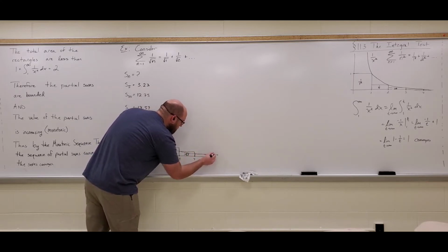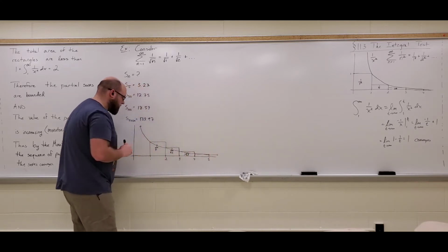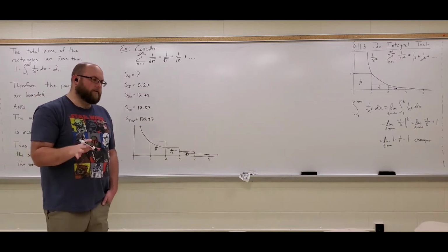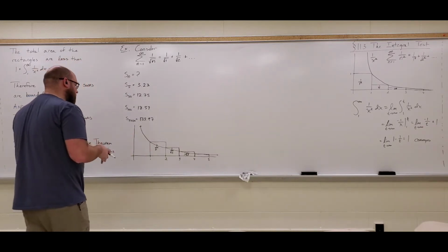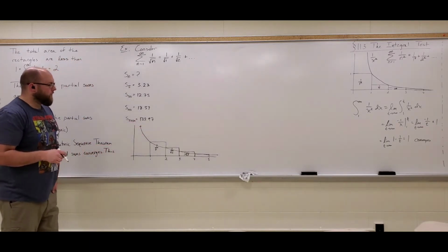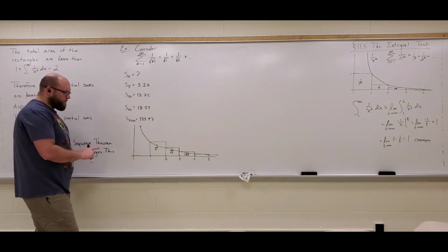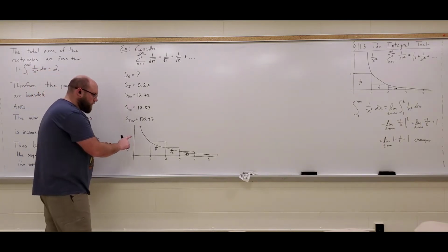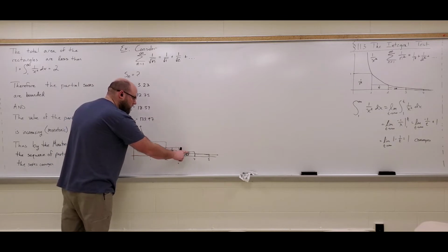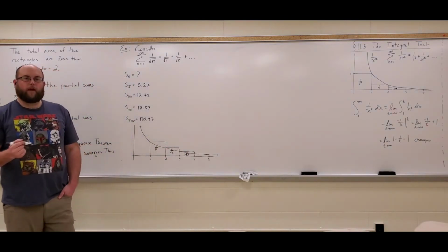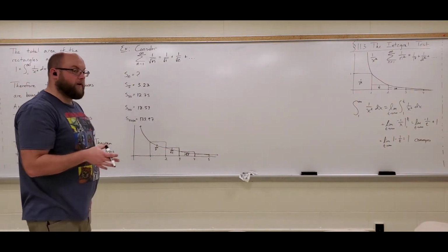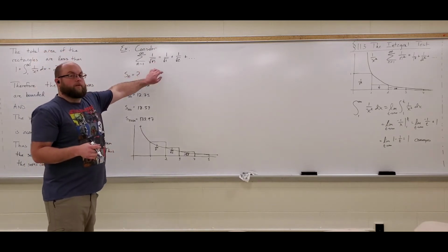Notice here, the way I've drawn this, yes, you could make the argument, well, if we shifted everything, there's a reason I'm going for this. Notice with this one that we are overestimating what the area underneath the curve from 1 to infinity would be with this particular sequence.